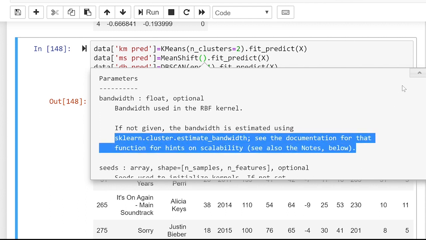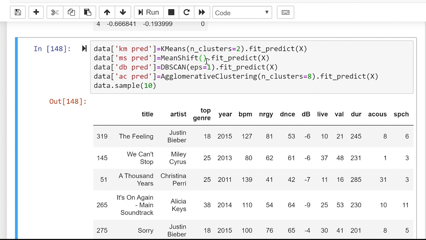You can either trust that, and if you don't like the shape of your clusters at the end, you can define this on your own. For the same thing, DBSCAN always has a default epsilon, which is 0.5. You can use that, or you can type this value on your own. For agglomerative clustering, you again specify the number of clusters you would like to have, and the rest is same old.